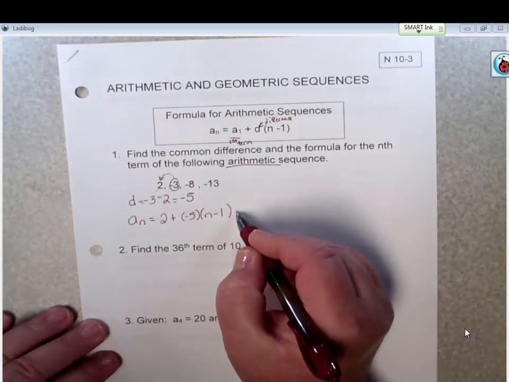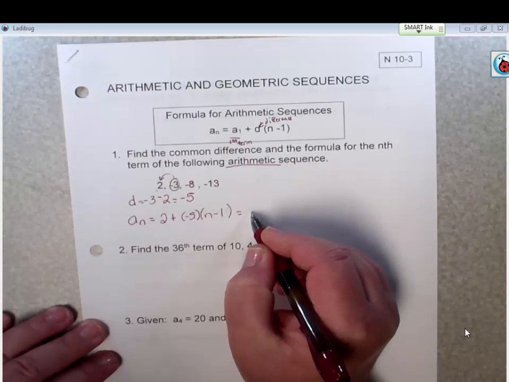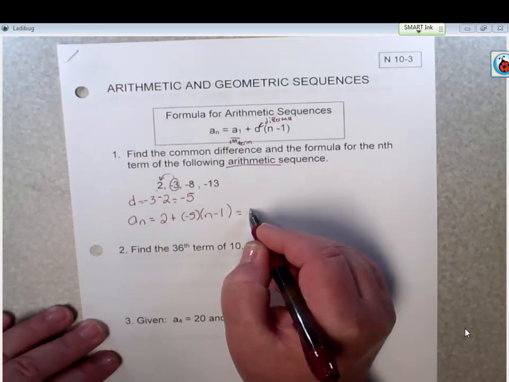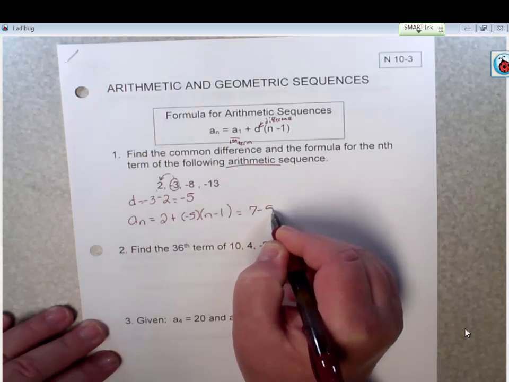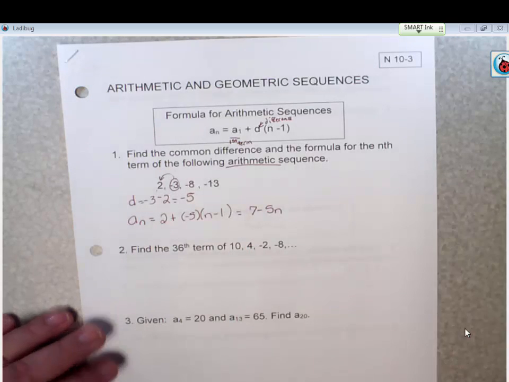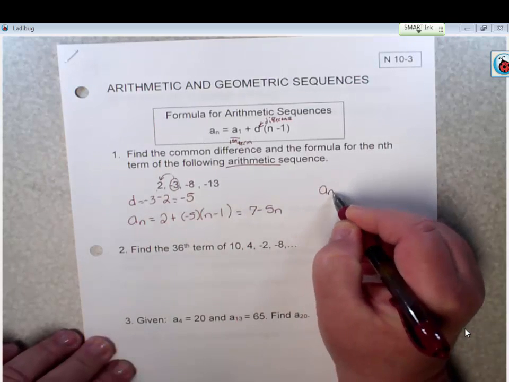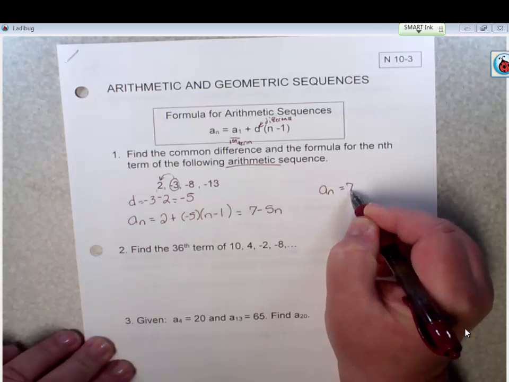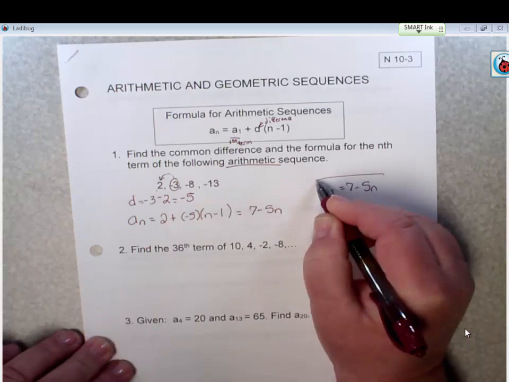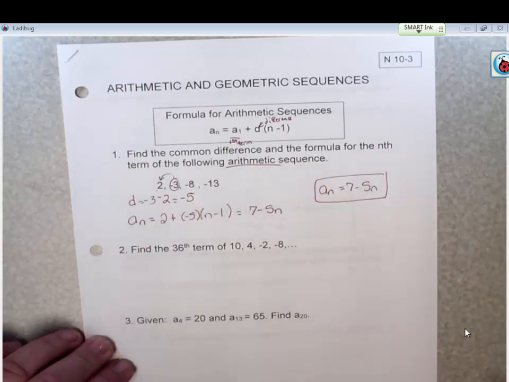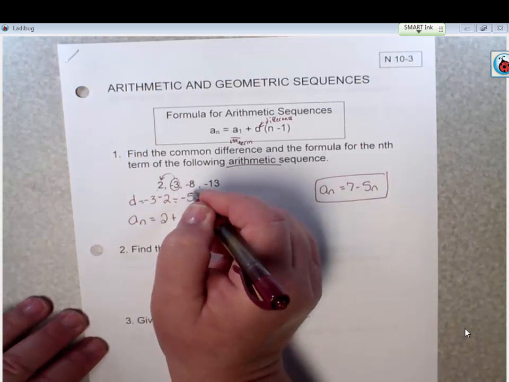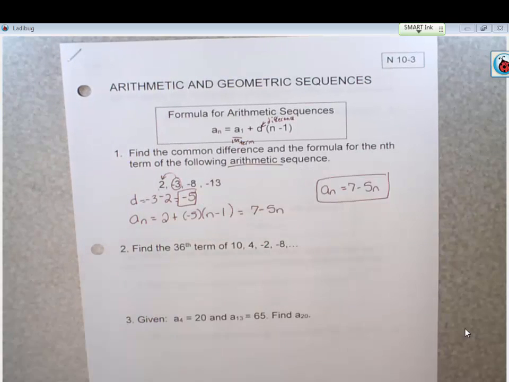So when this one simplifies, you get 7 minus 5n. So my answer is a sub n equals 7 minus 5n, and then the common difference. Those were the two things they asked me to find.